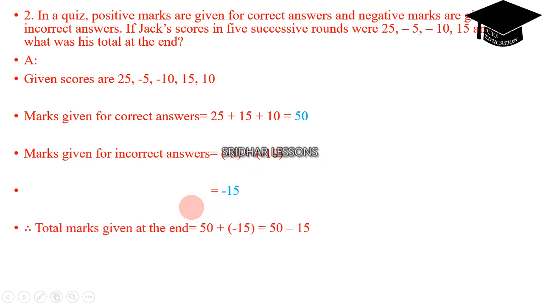If you go for the total marks given at the end, 50 plus -15, that is equal to 50 minus 15, this is equal to 35. So the total marks given at the end are 35.